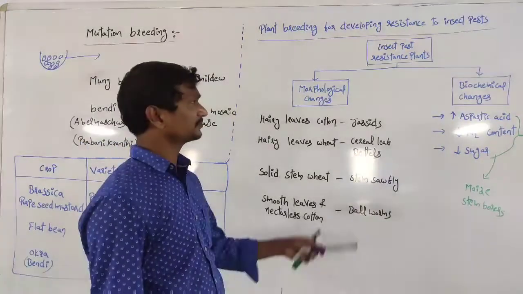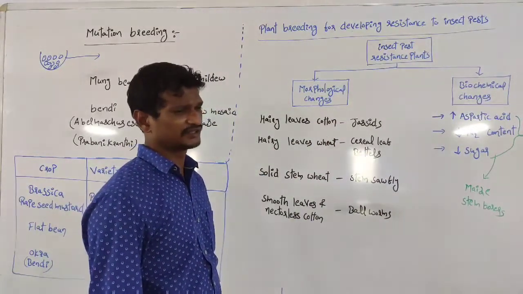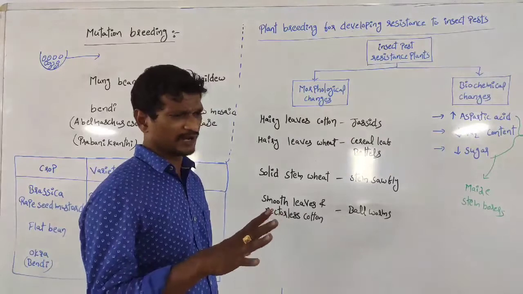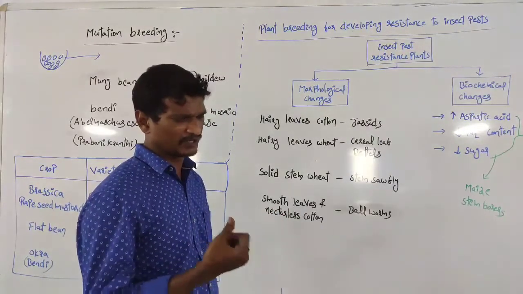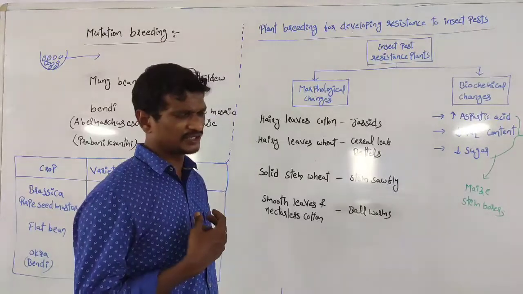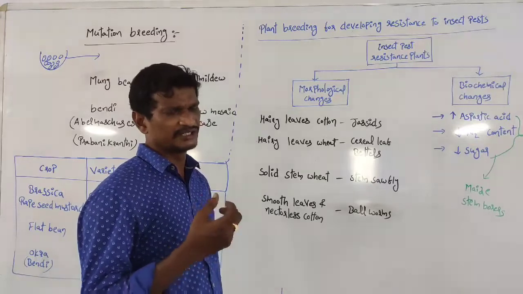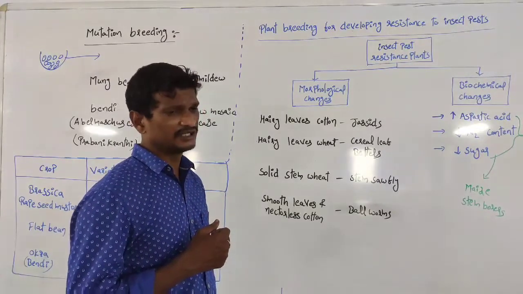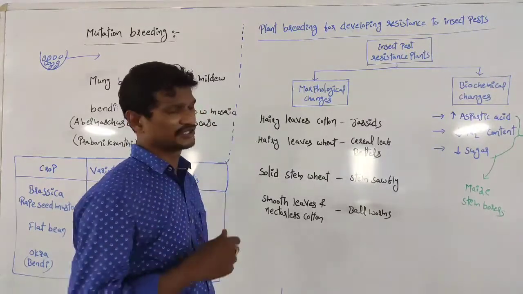Especially here, the development is based on morphological changes. We change the morphological characters or the biochemical characters, and then the plants get insect pest resistance.